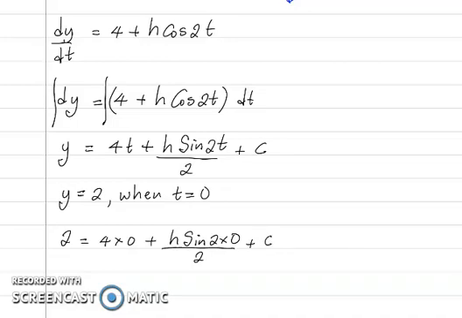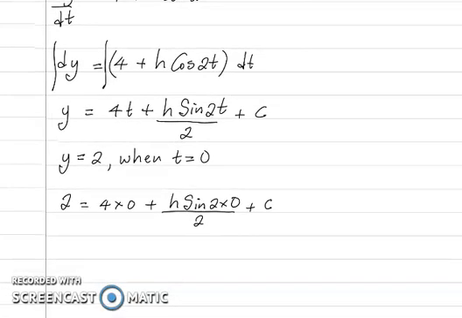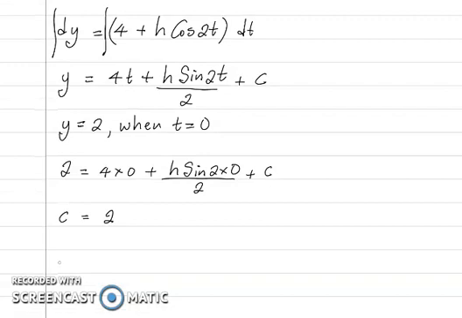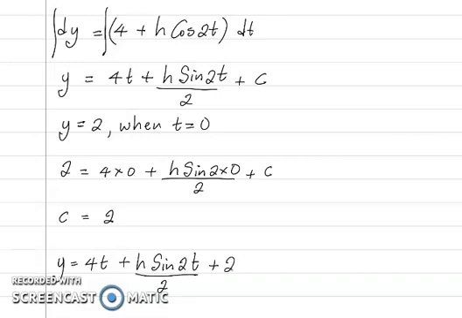Now 4 times 0 is 0, 2 times 0 is 0, and the sine of 0 is 0. So essentially what we're left with is that c is equal to 2. So we can put that into the equation and say that y is equal to 4t plus h sine 2t over 2 plus 2.